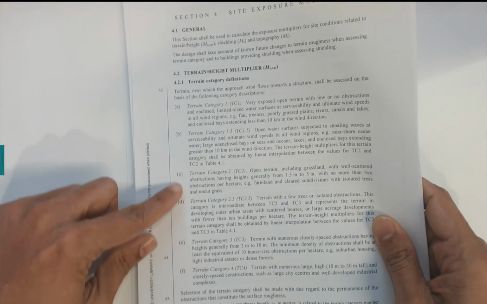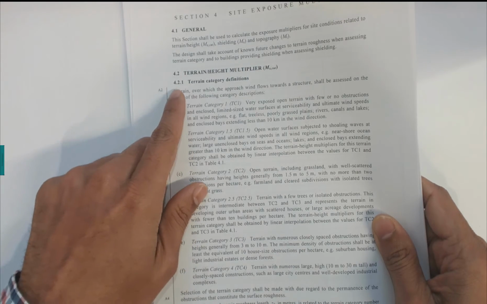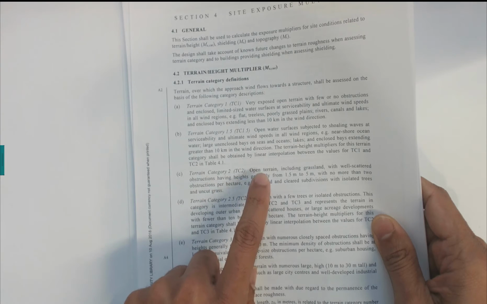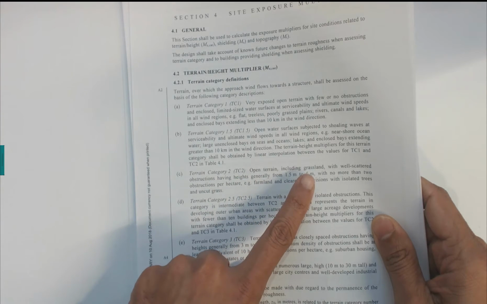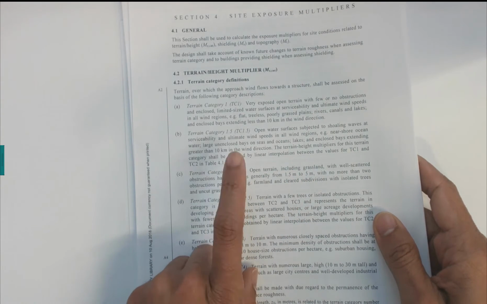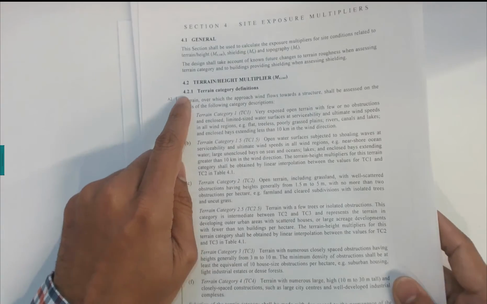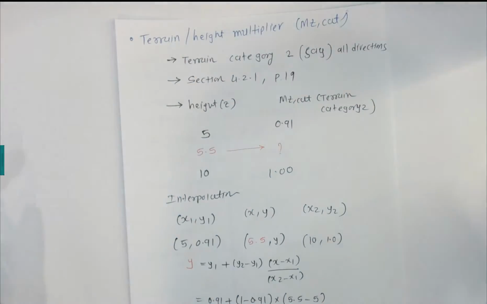You are allowed to read these terrain categories. So we are taking terrain category TC2, which is open terrain including grasslands. That is the typical case that we are considering here. So terrain category 2, I take it from section 4.2.1 on page number 19.